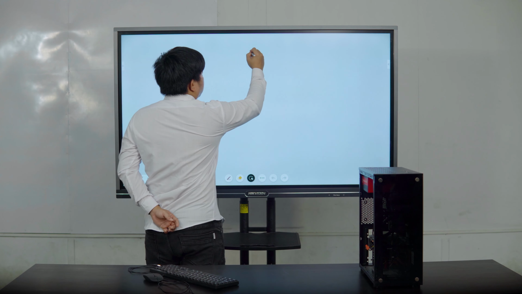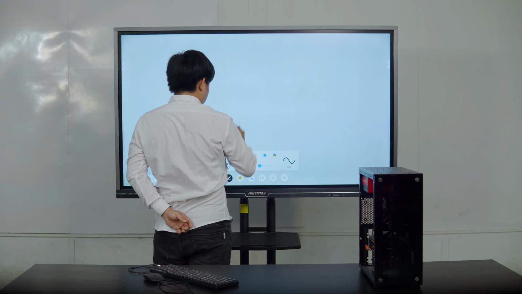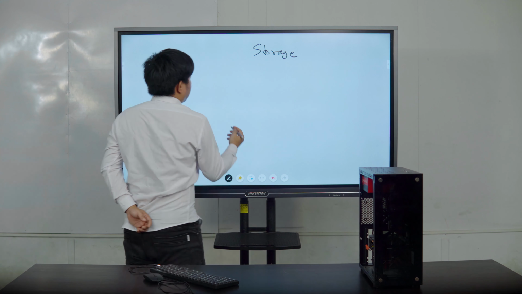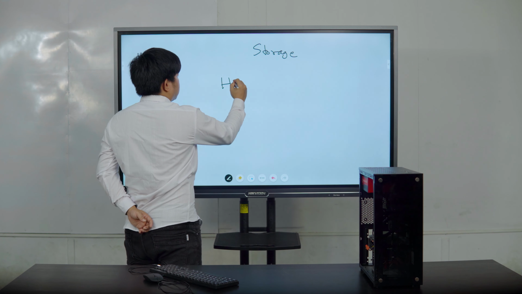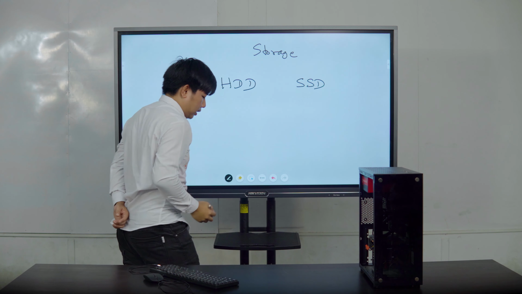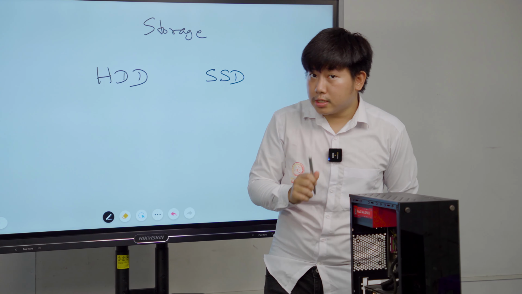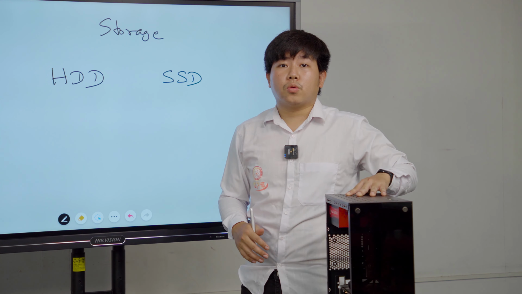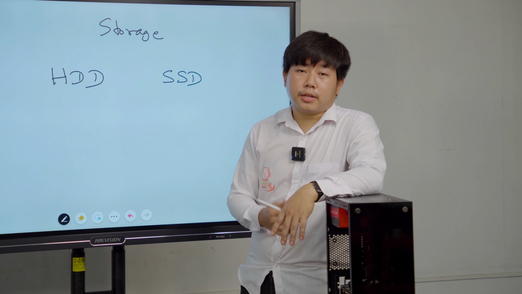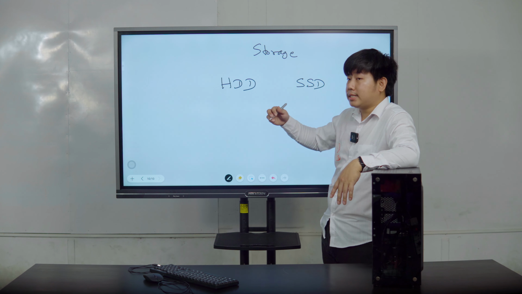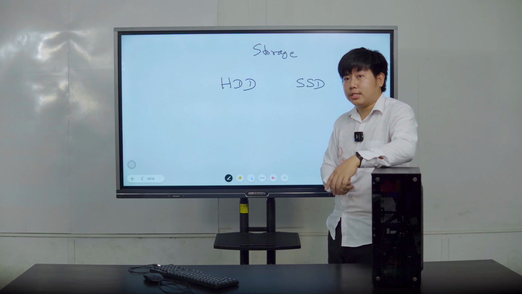In storage, there are two types: hard disk drive and solid state drive. And I want you to understand it, so I'm not going to talk about it in the computer components. There'll be lesson 2 for the computer components. In that lesson 2, we'll talk about hard disk drive and solid state drive.